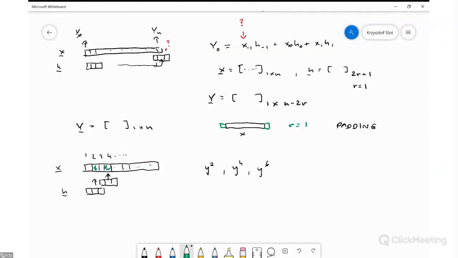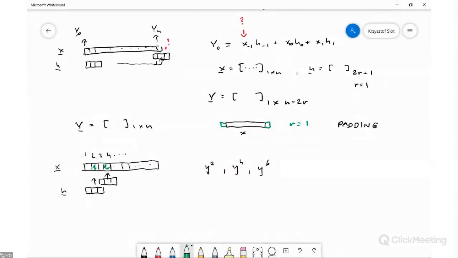Okay, so this padding is, okay. Y is not the same dimension as x, because, so once again, if I am applying a filter, so let's make it black.